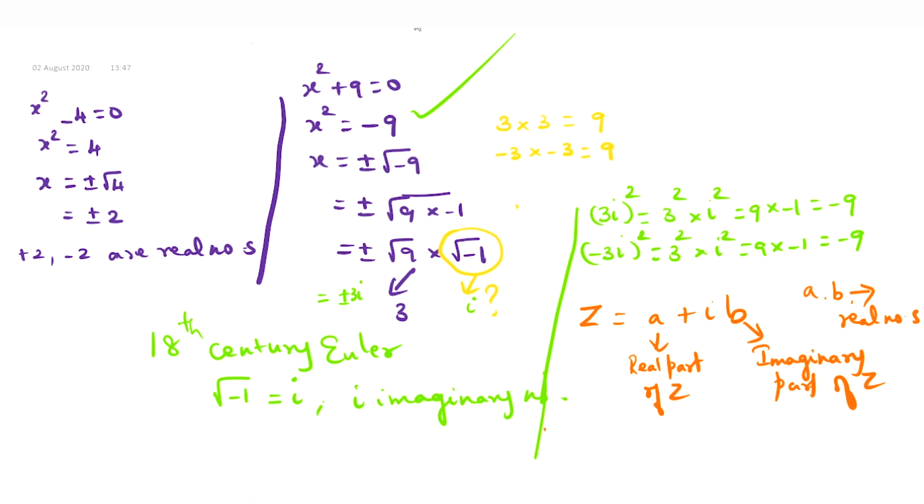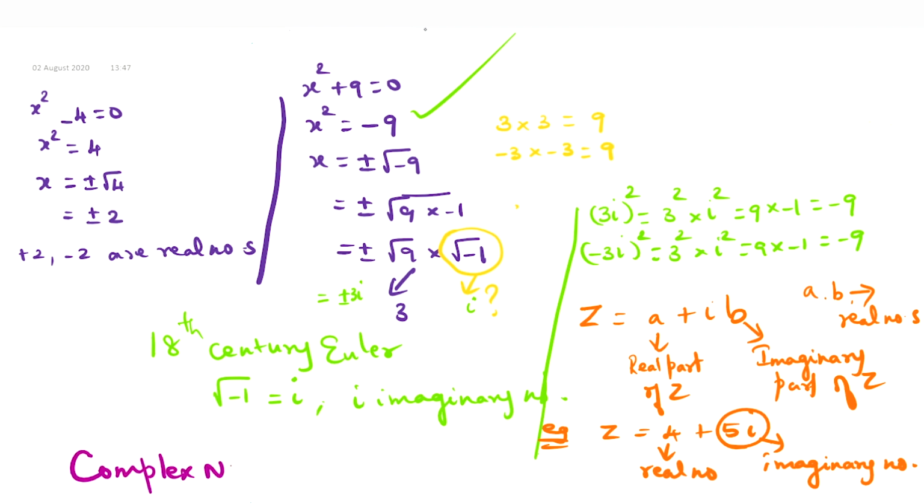Now, for example, take Z is equal to 4 plus 5i. So here 4 is the real number and this one is the imaginary number. So finally, we conclude that a complex number is equal to a real number plus an imaginary number.